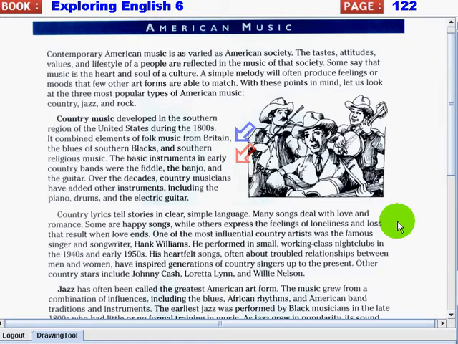Country lyrics tell stories in clear, simple language. Many songs deal with love and romance. Some are happy songs, while others express the feelings of loneliness and loss that result when love ends. One of the most influential country artists was the famous singer and songwriter Hank Williams.